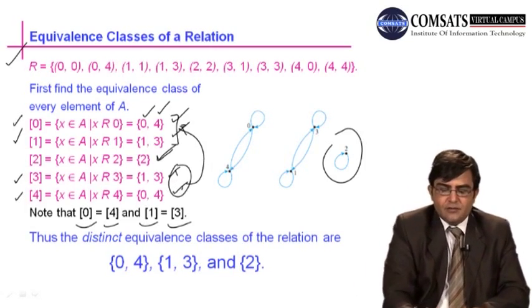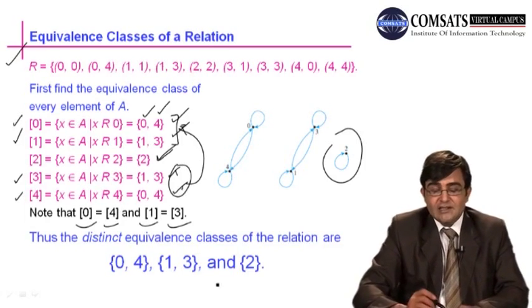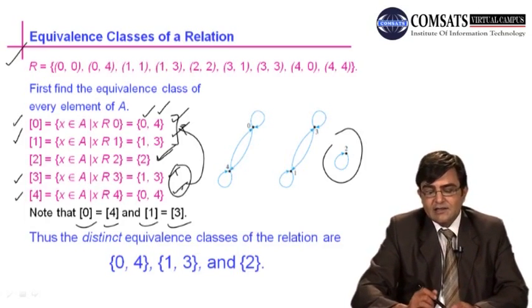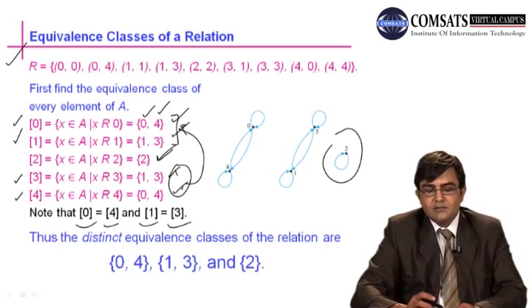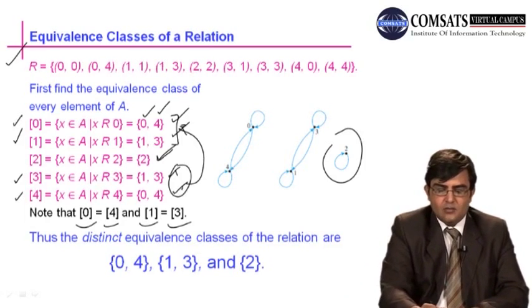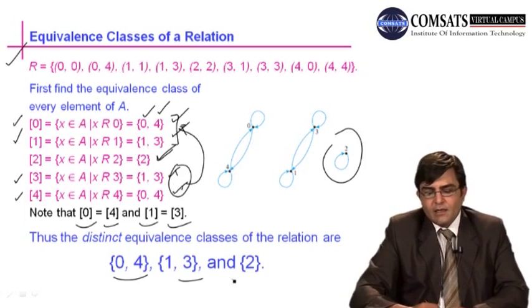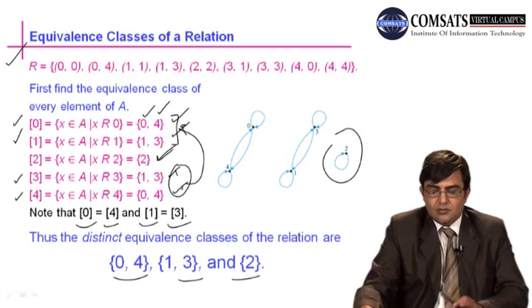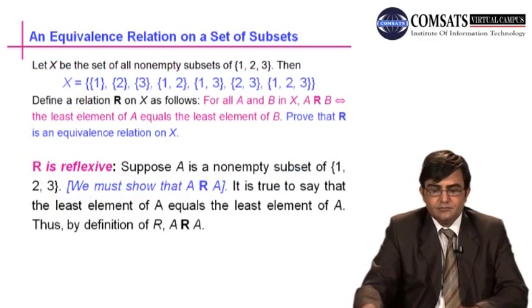So we have {0, 4}, {1, 3} and {2}. So the distinct equivalence classes of the given relation are these three. Now these three classes have some other properties, so we are going to discuss those properties.